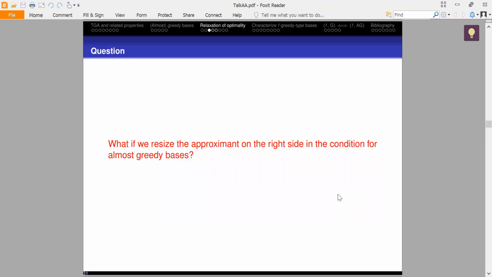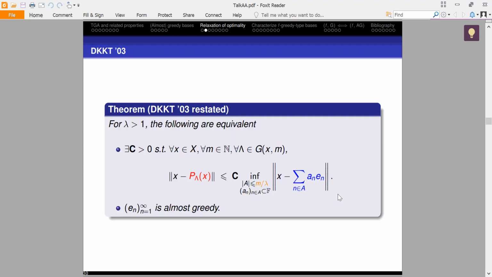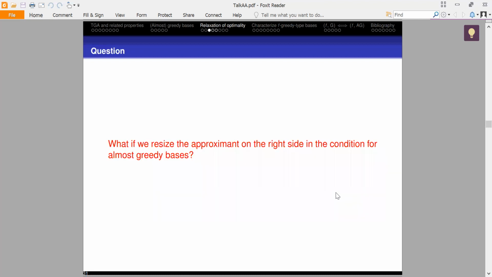So the question we have is, what if we resize the approximant on the right side in the condition for almost greedy basis? Because here they just reduce the size of A in the definition of being greedy, right? So what happens if we do it for almost greedy bases? Do we have something new or not?